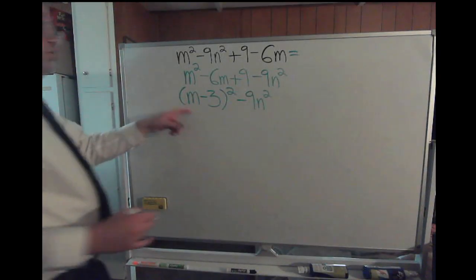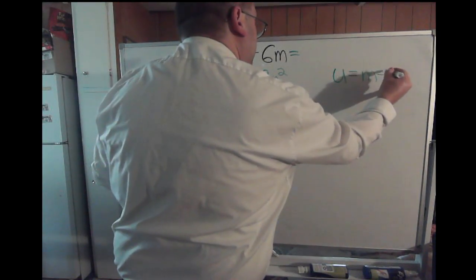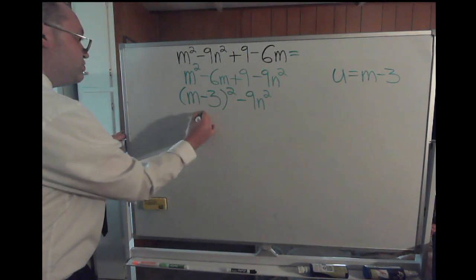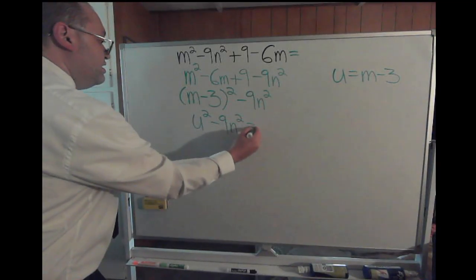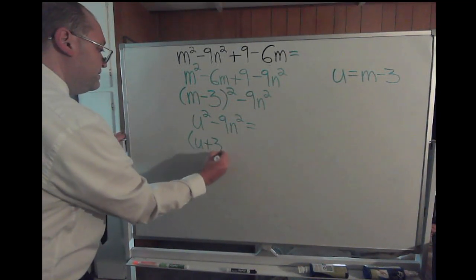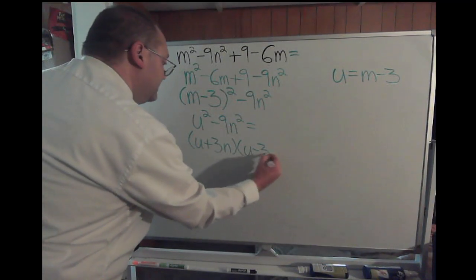Well, I would let u equal m minus 3. Go ahead and do yourself that favor. Let u equal m minus 3. So now you'll get u squared minus 9n squared. We factor this, you would get u plus 3n times the quantity of u minus 3n.